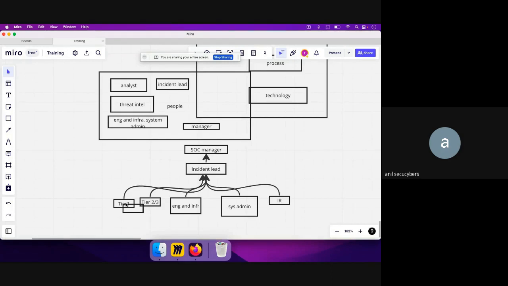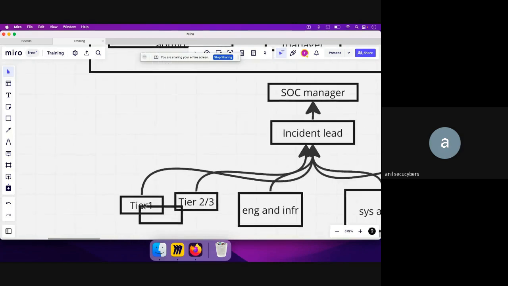Okay. So let's say in a more detailed way, tier 1 will be doing the initial triage. They will do some analysis. They will handle the ticket generation. They will engage the other teams as necessary, and tier 2 will scope the further analysis of the alert that came in.